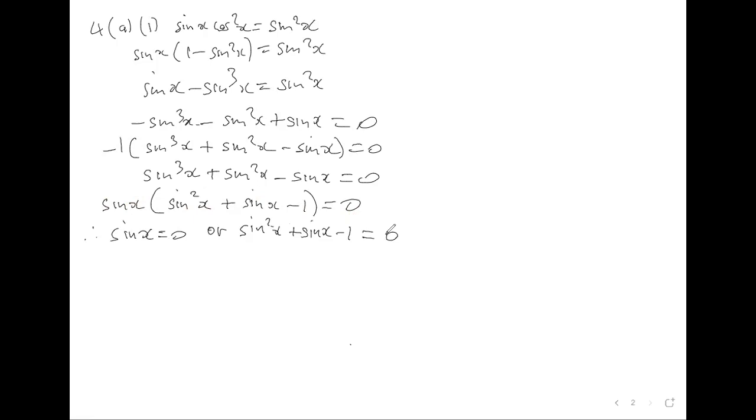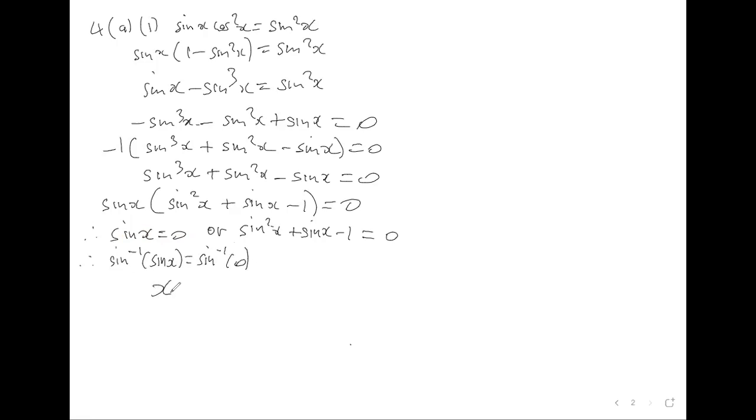So from this part, from sine x equals 0, if we are to solve for x here, we are going to introduce sine inverse on both sides. So we have sine inverse of sine x, and then sine inverse of 0.